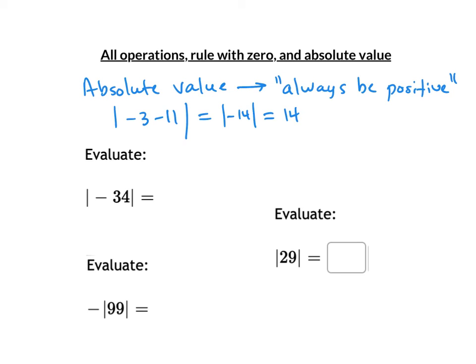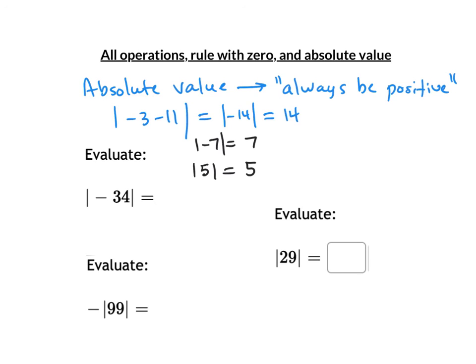If I give you an example that is the absolute value of -7, that's 7. If I give you a question that is the absolute value of 5, that is 5. Notice again, it does not mean opposite. It means always positive.